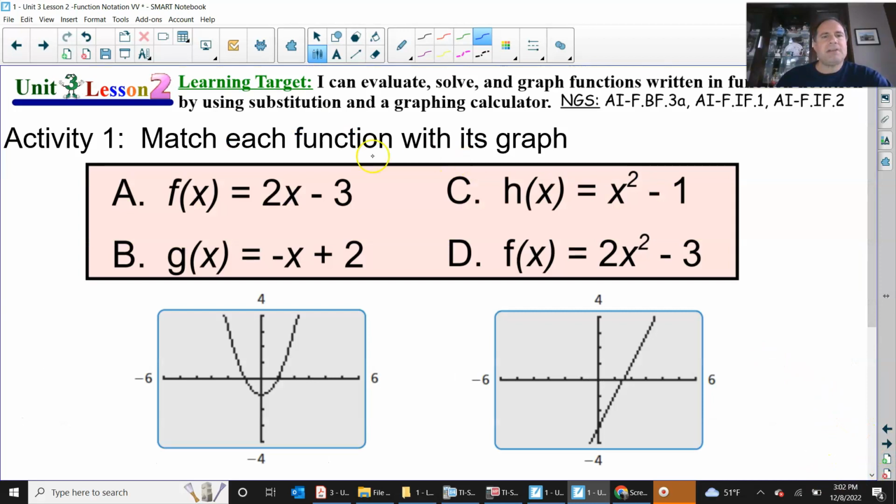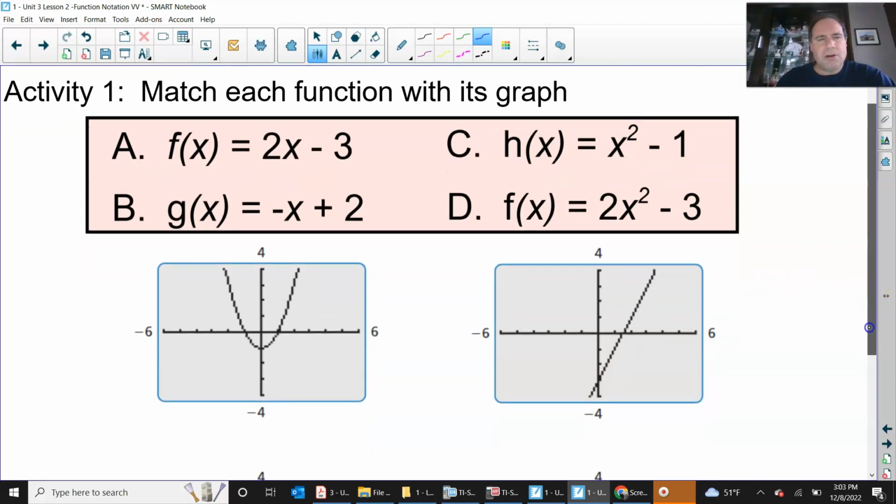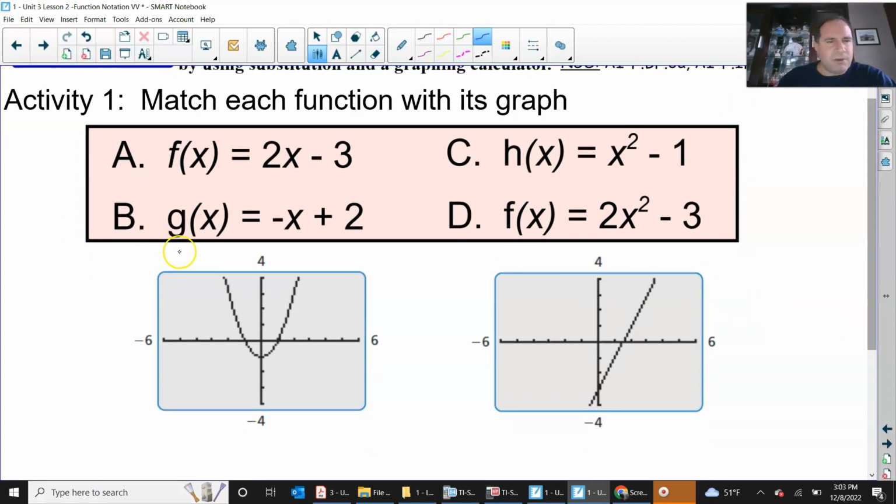Going on, match each function with its graph. So this is an activity. Just look at the function and then look at the equation, and then look at the graphs. So we're just going to go down to this one. All right, g of x.